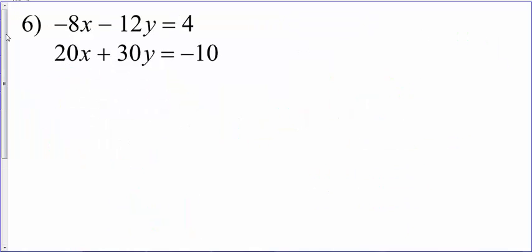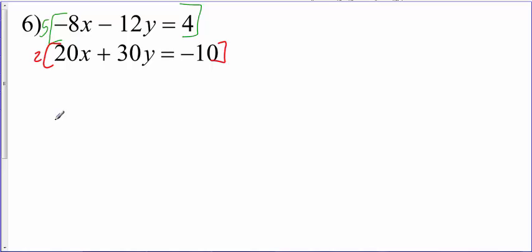Now let's look at number 6. Okay, I've got 20x and -8x. Well, I know that both of these can go into 40. So what I'll do is I'll multiply the top one by 5, and then I'll multiply the bottom one by 2.